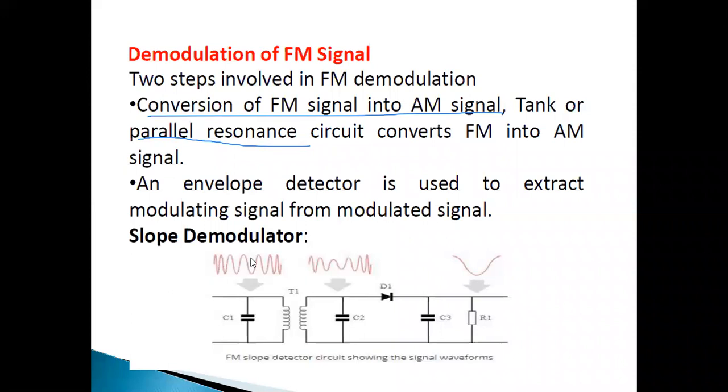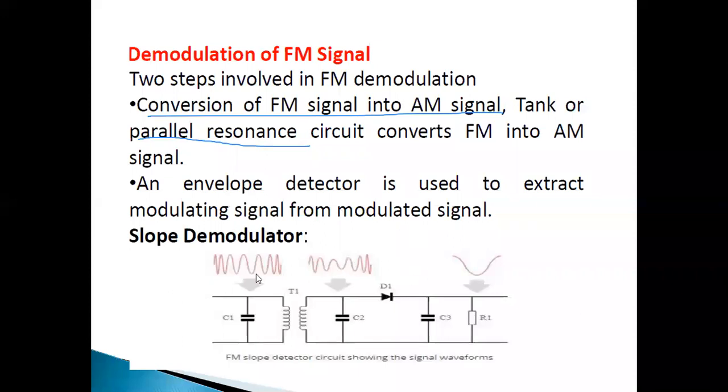By using this parallel resonant circuit, this FM signal will be converted into the output of an amplitude modulated signal. Amplitude modulated signal means different amplitudes: this is one amplitude, this is another amplitude, this is another amplitude.